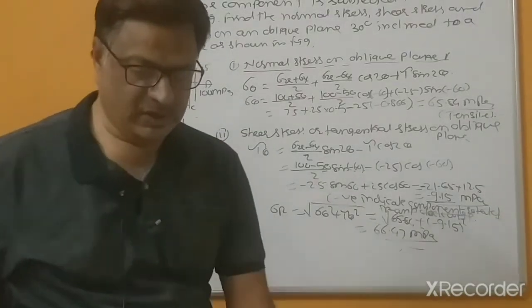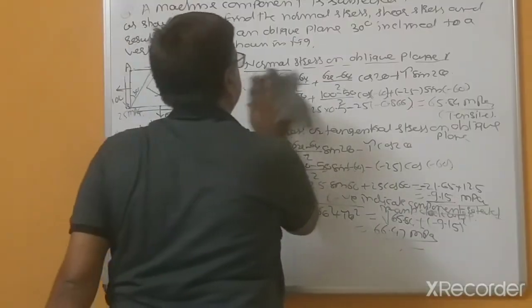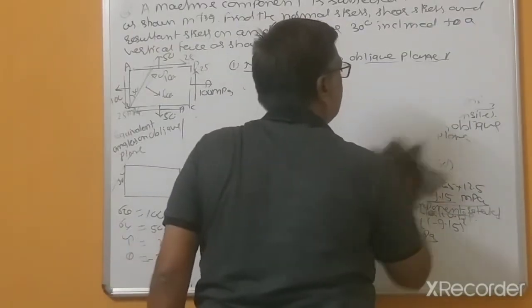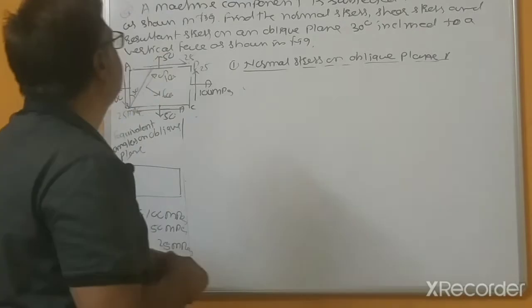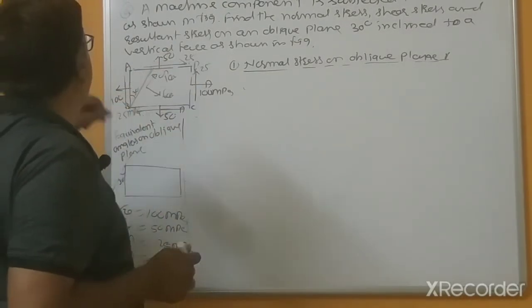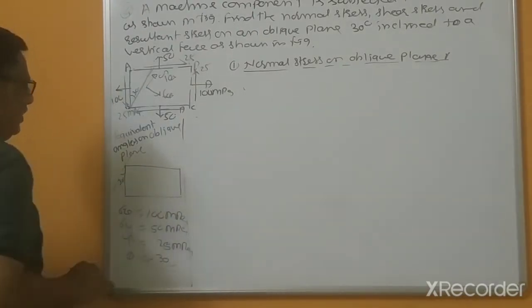Otherwise you may be confused. So this is the fourth problem. In the fourth problem, your direction changes and this inclination is 30 degrees, so theta equals minus theta.